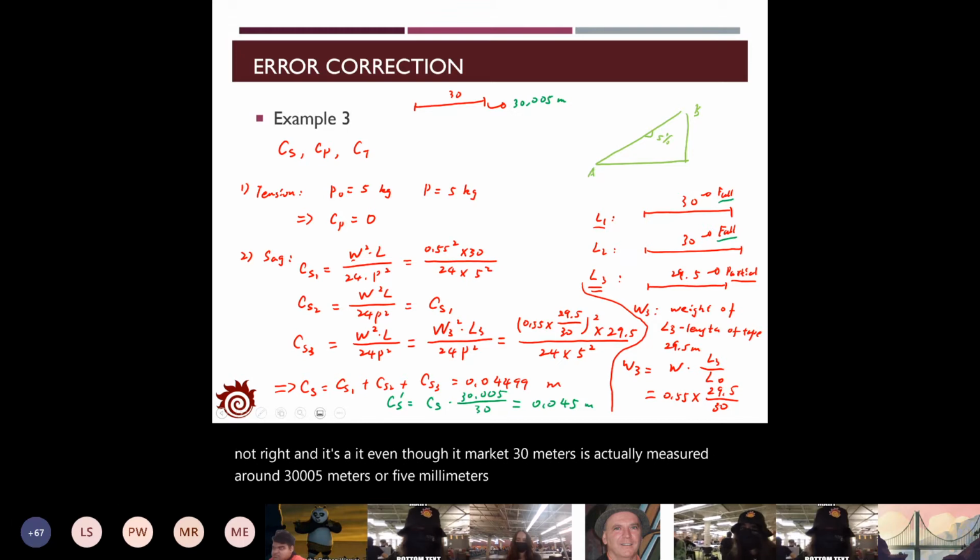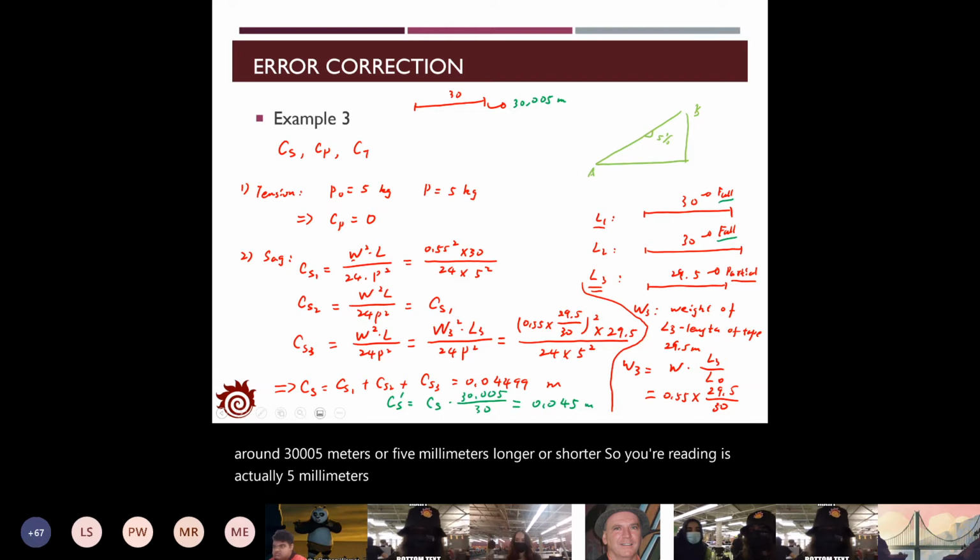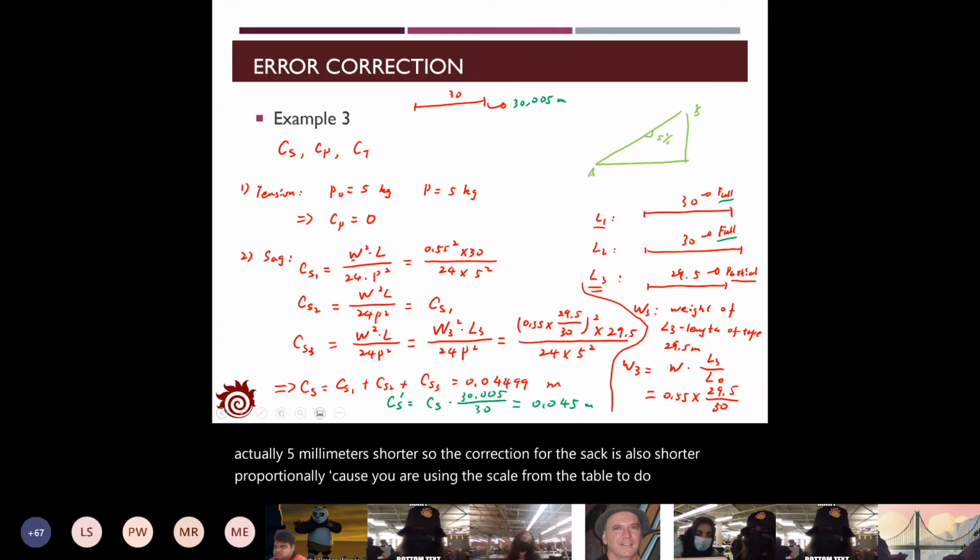So your reading is actually 5 millimeters shorter. So the correction for the sag is also shorter proportionally, because you are using the scale from the tape to do the correction, and you need to change it back to the true values.